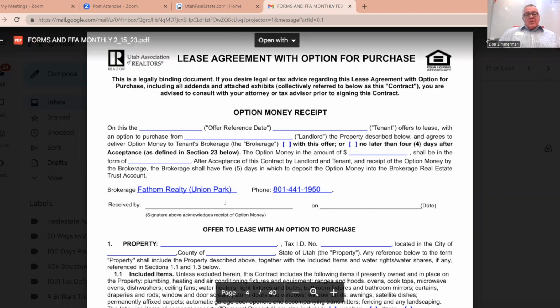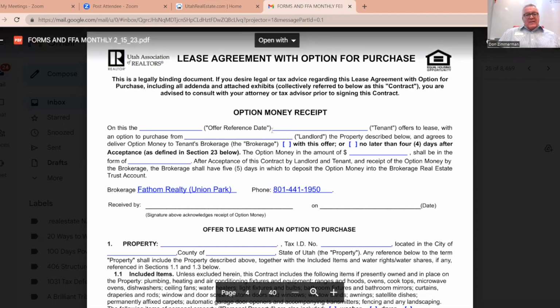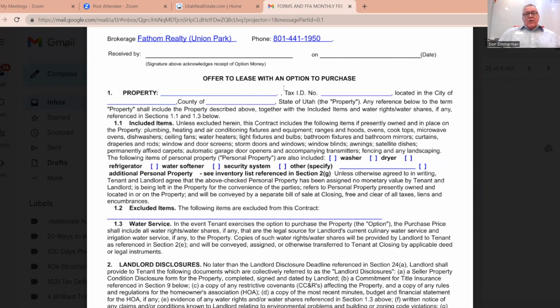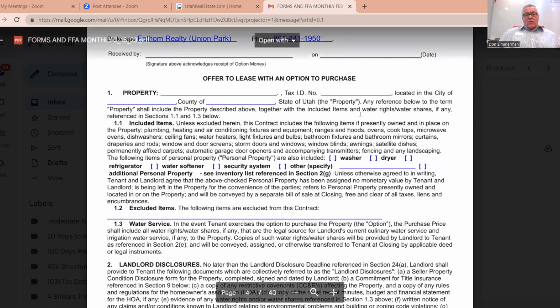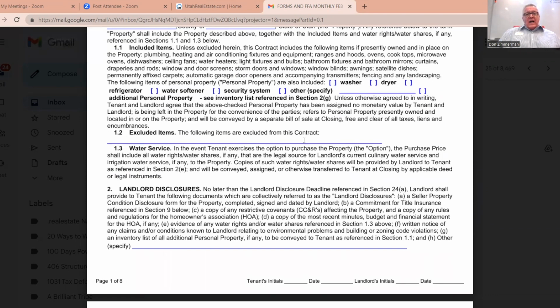First of all, there's option money, and the option money is kind of the same as earnest money. This describes where that money is going to go. And so read through that. Offer to lease with an option to purchase. This describes the property, what is included with the property. The following items are excluded.